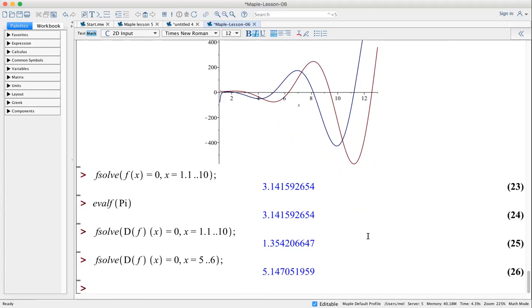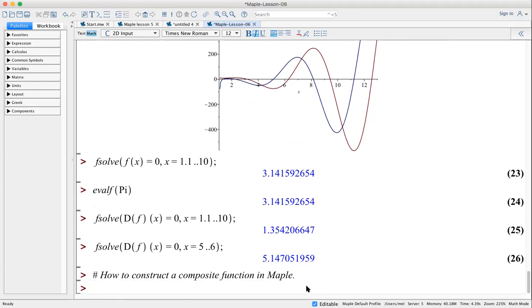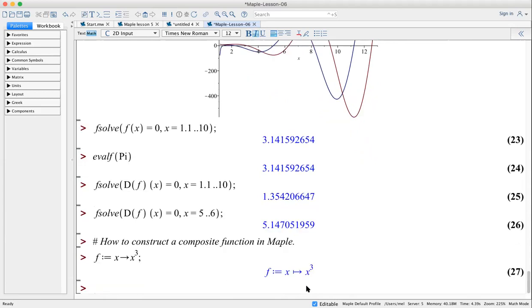Okay. Anyway, what we've done so far is discuss higher derivatives of a function. I also want to explain how to construct a composite function in Maple. So for example, suppose f is the function x cubed, and suppose g is the function sine of x.